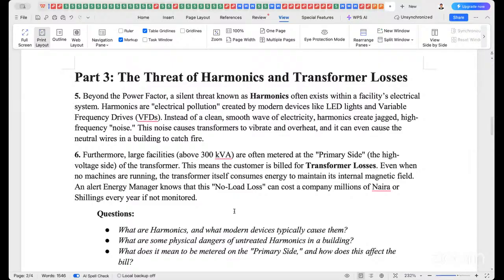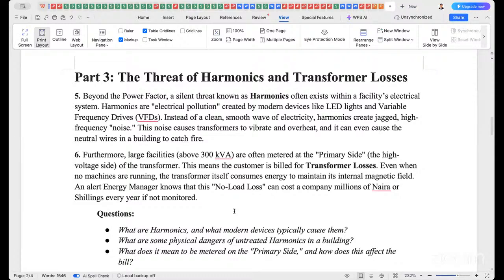Sometimes your neutral cable will be heating. You see some black spots or even corrosion. You know that you're having high harmonics in the system. Now I want to move to transformer losses, which is also one of the things that affect the billing in a community.